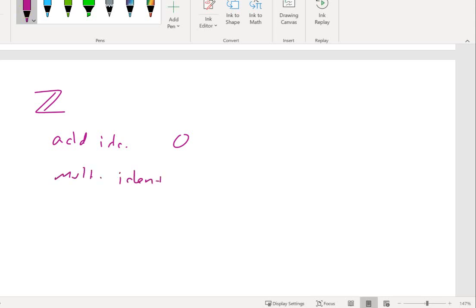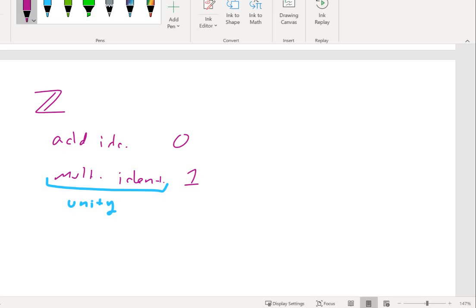The multiplicative identity is just 1. Now, there's a fancy name for that. It's called unity. So if you see a ring with unity, that means it has a multiplicative identity. We like fancy names. We also like to confuse people by having names of things that are very similar.